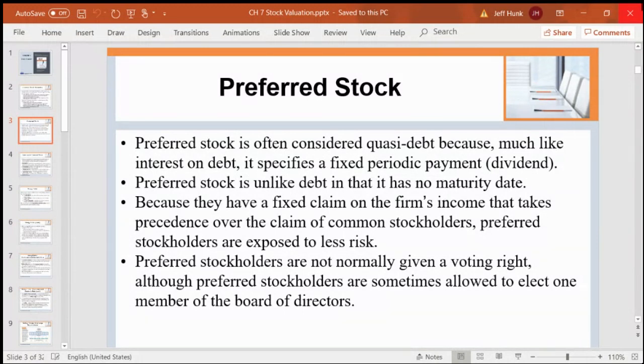Now, if the company's net profit is $1 million, right? 10% of 1 million is 100,000. But if the company's net profit is 2 million, right? 10% of that will be 200,000. So dividend changes with the profit level, but that's for the common stock. For preferred stock, regardless of the company's profit level, you will always get the same constant dividend on the preferred stock.